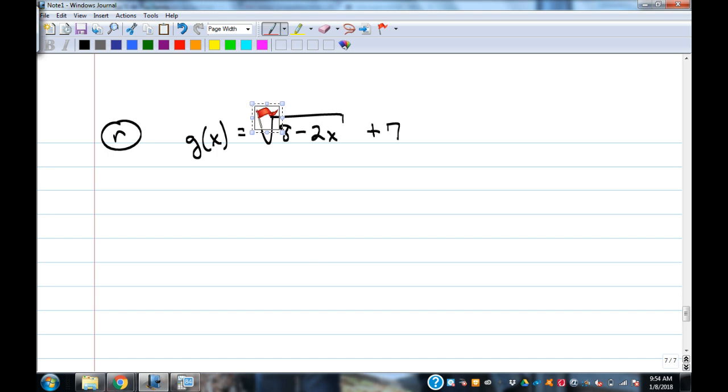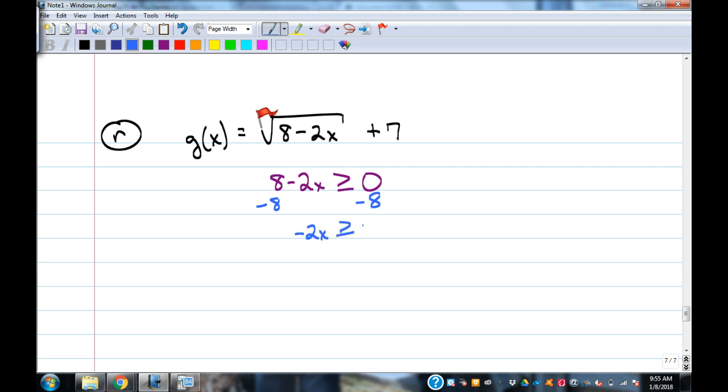All we're trying to do is find the domain of these functions. That's our job. So 8 minus 2x, what do we do with it to find the domain? Greater than or equal to 0. That's right. And then what? Yeah, so we subtract 8.